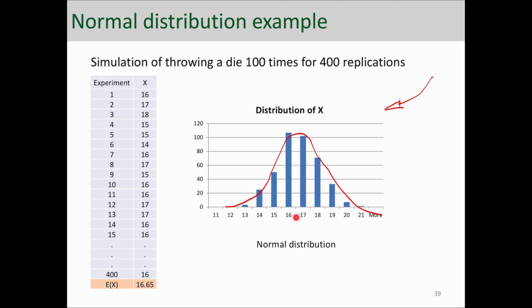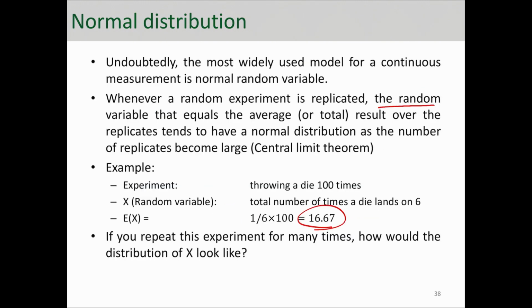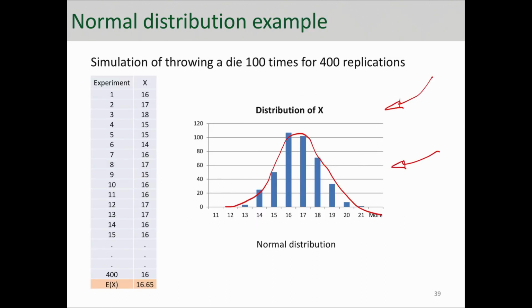Most of the time, you'll get 16 or 17 sixes, and as you move away from those values, the probability of getting 20 sixes or 13 sixes is a lot less. The random variable that equals the average or total result over replications tends to have a normal distribution. And here X was the total number of times we get a 6, and that behaves in a normal fashion. So that's why normal distribution is very important.